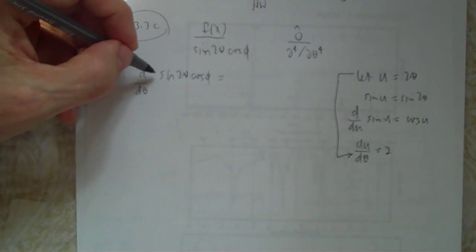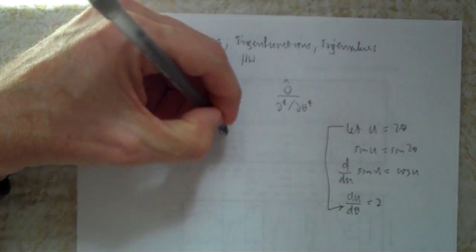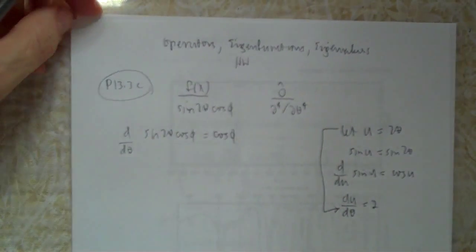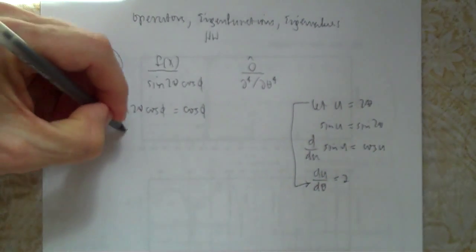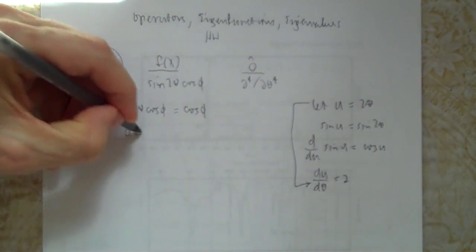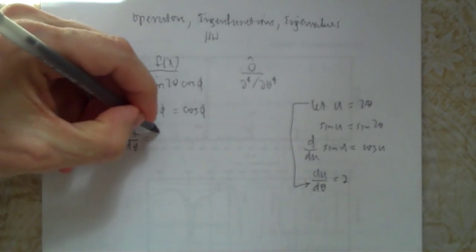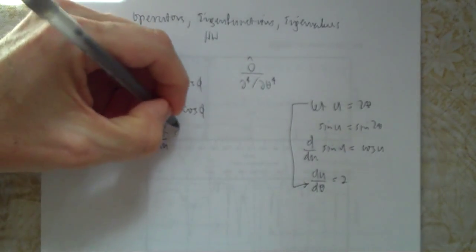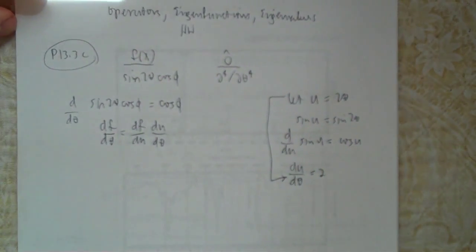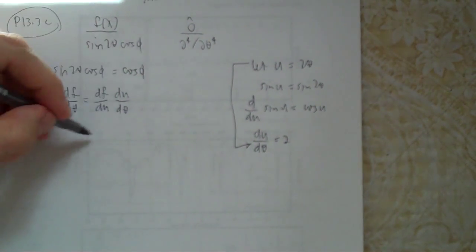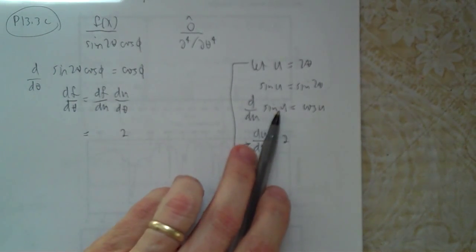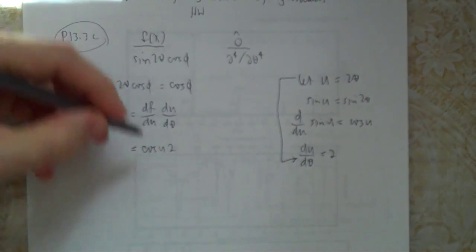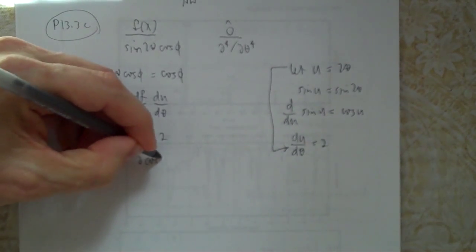So the first derivative is going to have cosine phi, because that's just a constant. df d theta is equal to df du times du d theta. That's the chain rule, and I always have to think this out. du d theta is just 2, and df du is cosine u, which is cosine 2 theta.